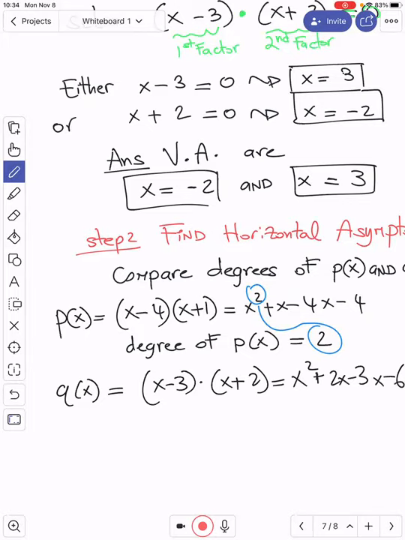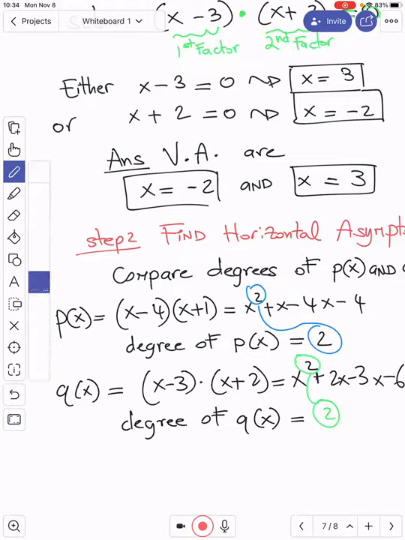The degree of Q is also 2, the highest power of x. So we have 2 again here. The degrees of P and Q are equal, and so we are in the third case.